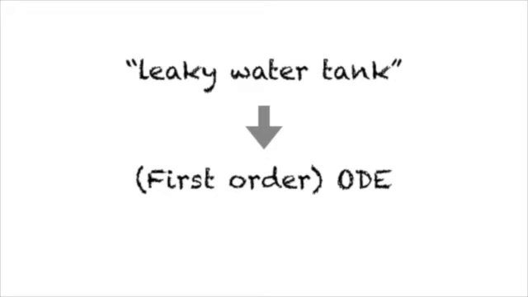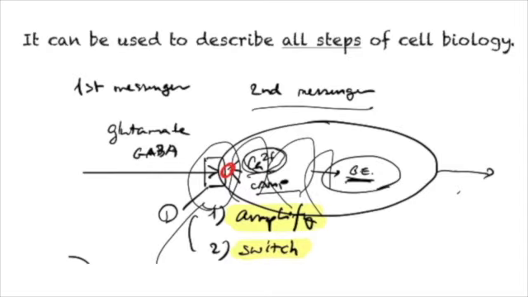Okay, so I come to this point where I have to reveal to you that the leaky water tank is just a first order ordinary differential equation. The hidden message for this class is that we actually have to study ordinary differential equations. And if you think about it, ordinary differential equations can be used to describe all steps of cell biology. So I talked about the first messenger, which is the signals coming from outside the cell, such as GABA or glutamate or whatever hormones there might be.